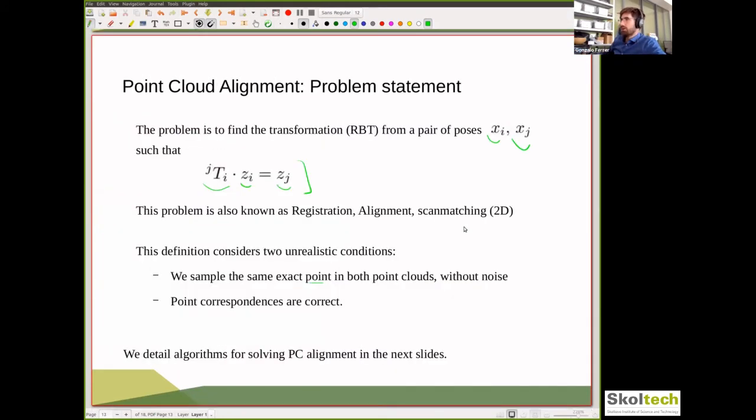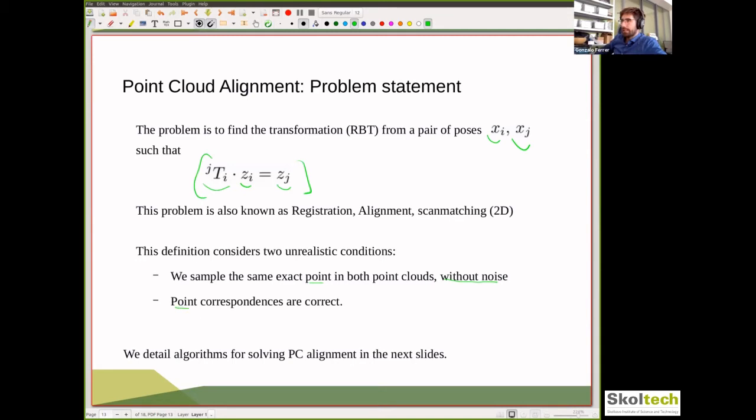So this assumption of having exact correspondence of the same sampling point is very unlikely. In fact, it's impossible. In practice, it might be close, but sampling the same point is not possible. And then the second one is noise. We didn't say anything about noise. Sensors are noisy, and that's why we do state estimation. So this basically means that this definition is not that good.